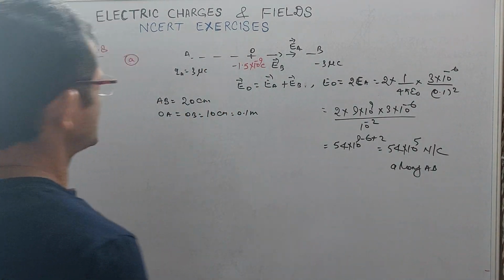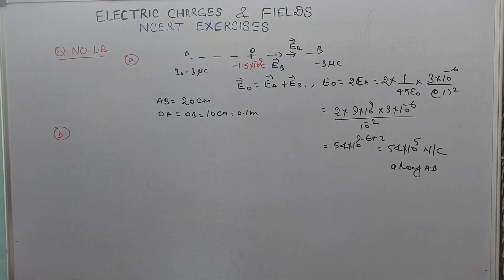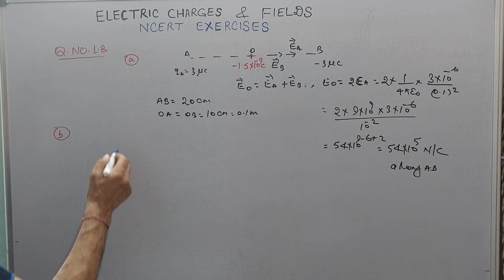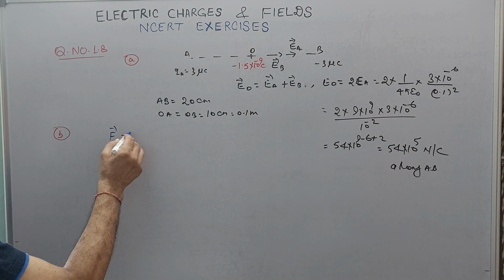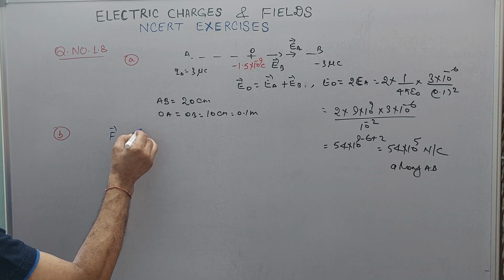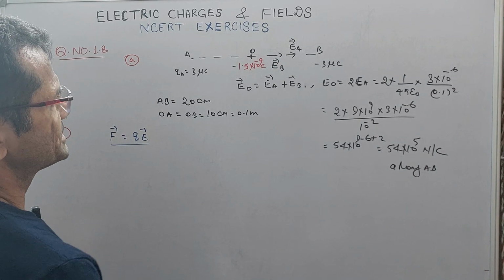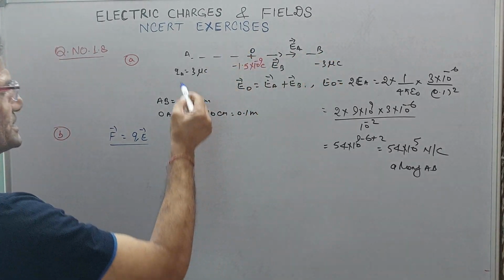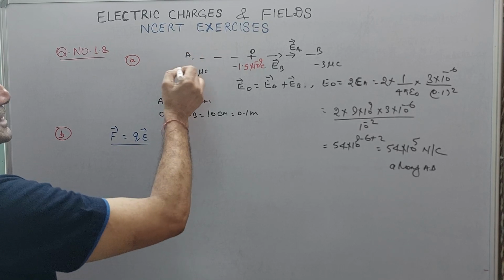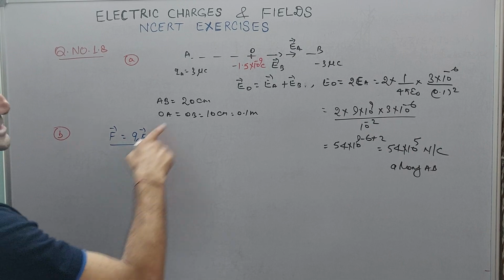We need the force on this charge. Using the formula, F is equal to QE. Since the net electric field at this point is along the AB direction, if you place the value, but our charge is negative.